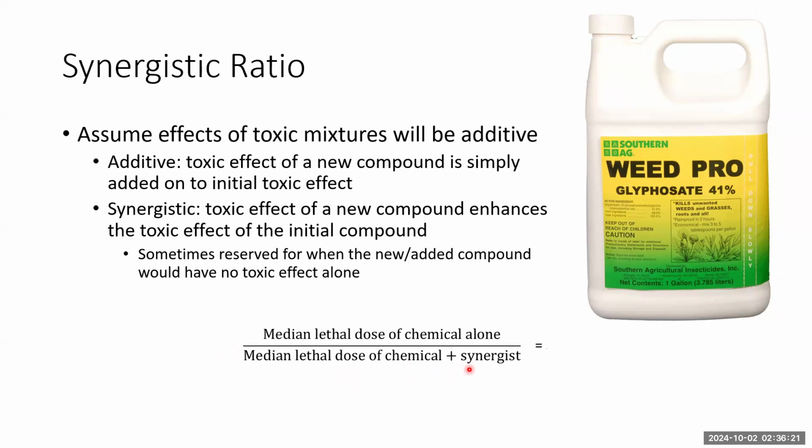So in this example, we could look at the LD50 for glyphosate, and then compare it to the LD50 for glyphosate plus that salt. And that comparison of these two things is what we're going to call our synergistic ratio.